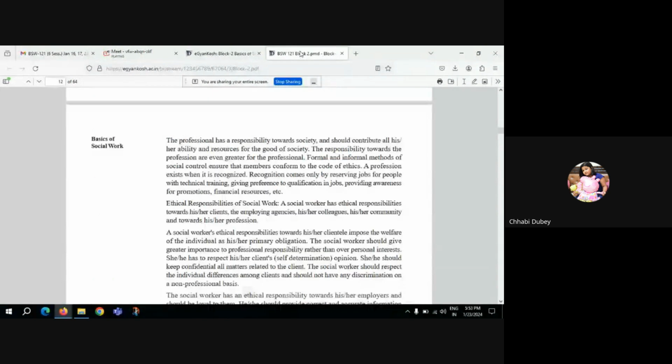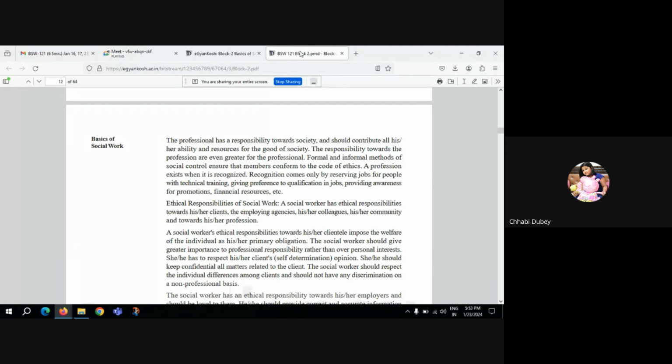The professional also has a responsibility towards society, and needs to contribute their ability and resources for the good of society. The responsibility towards the profession is even greater, and that is the reason why the members have to conform to the code of ethics.